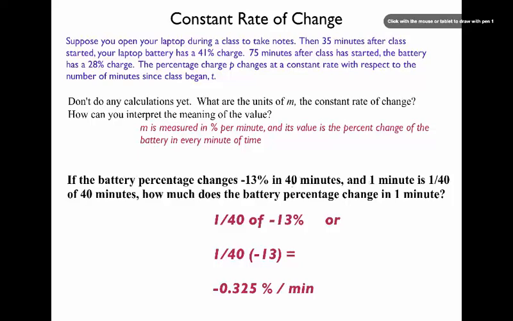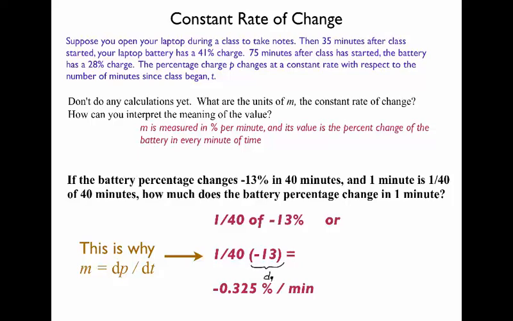Well, that's 1/40th of 40 minutes, so we're going to take 1/40th of negative 13%. And that is why m is dp divided by dt, because this is our dp, and this is our dt. By taking 1/40 of negative 13, that's equivalent to negative 13 divided by 40. And that gives us this value of negative 0.325% per minute.